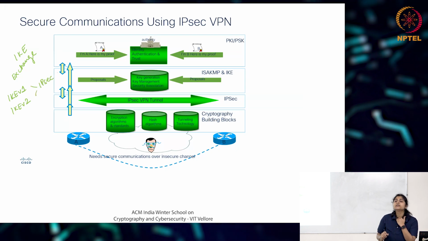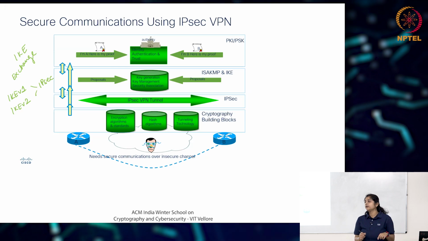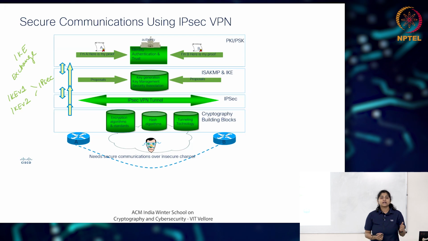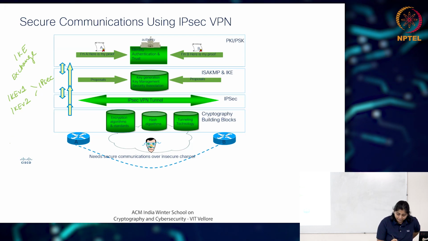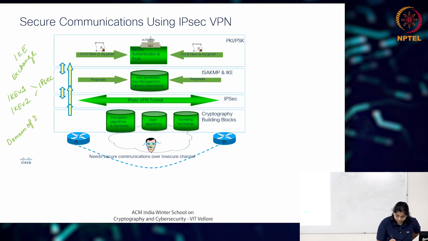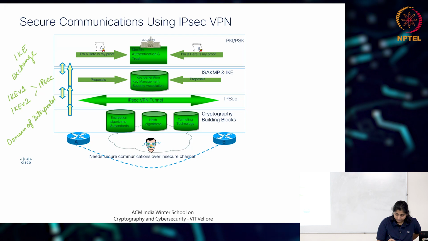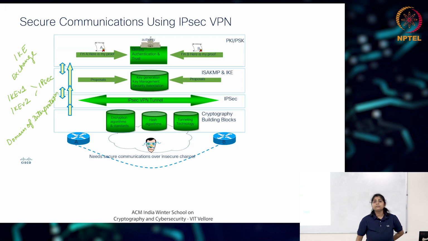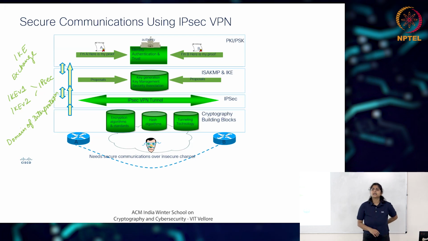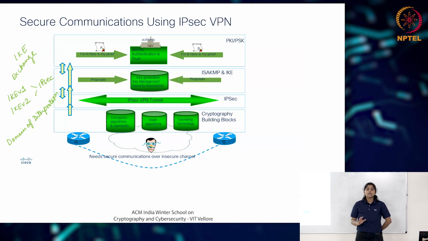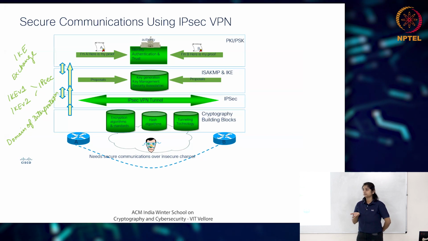Now, with respect to packet captures, when you see packet captures for these protocols, you will see something called domain of interpretation. DOI is a mathematical term, but in retrospect, domain of interpretation means which protocol am I interpreting.